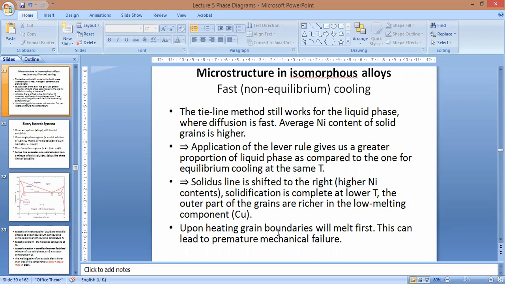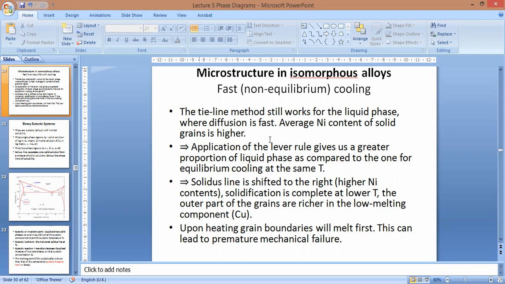So as you begin to heat it, it will quickly melt from the boundaries with fast cooling. So upon heating, grain boundaries will melt first. This can lead to premature mechanical failure. I hope that point is clear.